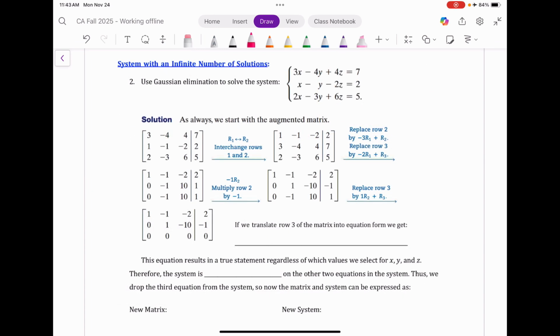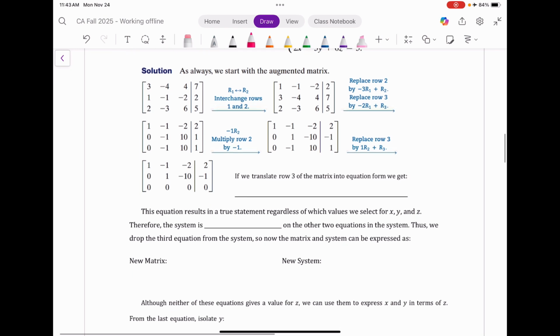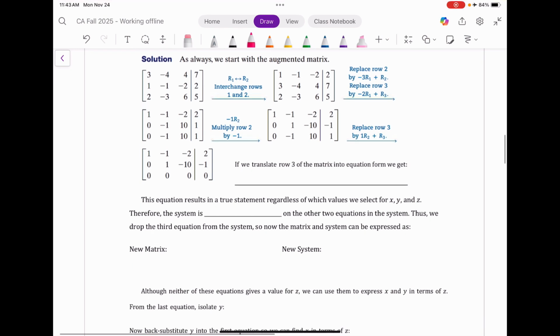This time we're going to look at a system with an infinite number of solutions. And so we're given this system of equations, and we start by putting it into a matrix. And then I have all the row operations that would be necessary to get it into row echelon form.